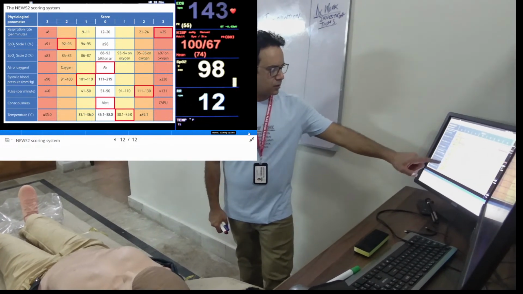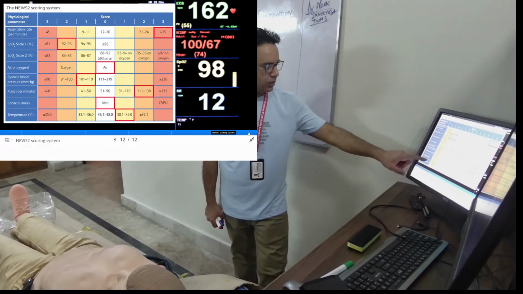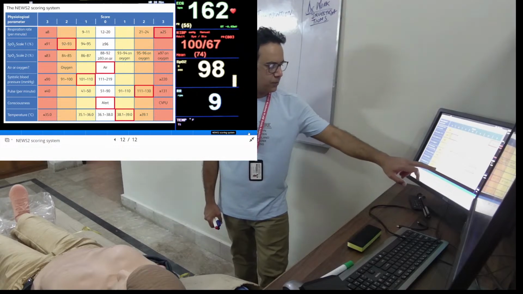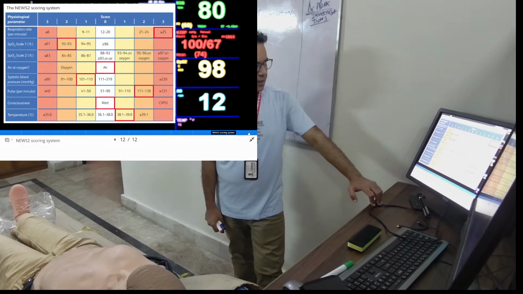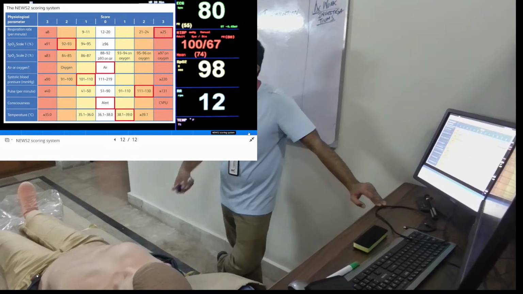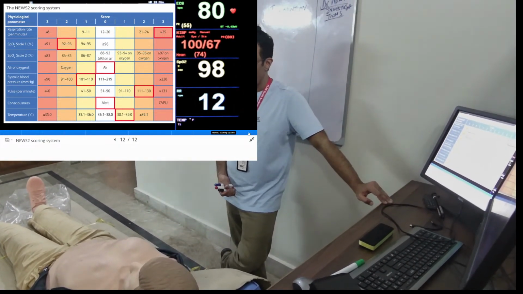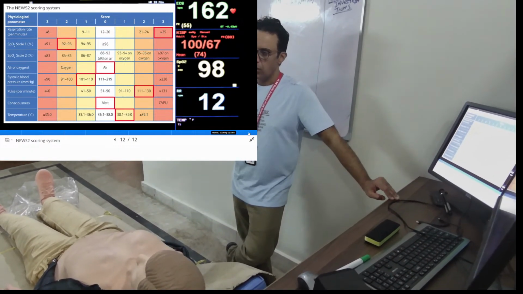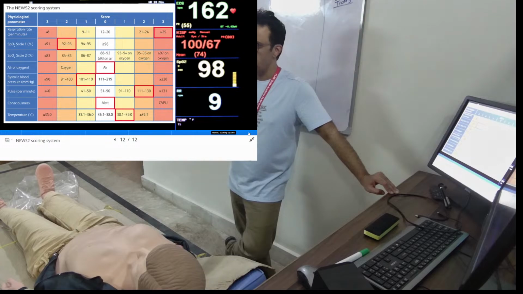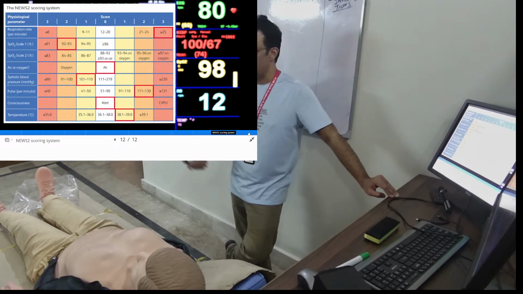But when they start scoring in other areas like the pulse and the temperature, then the score will go up and the nurses will escalate. A score of 5 means escalation to either majors in the emergency department or the resuscitation area. Okay?